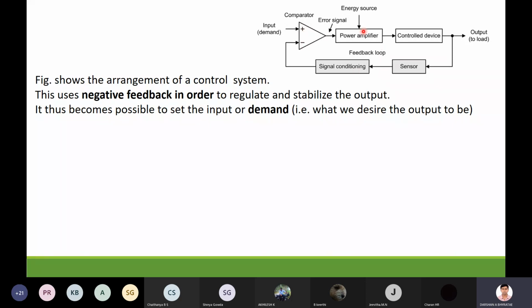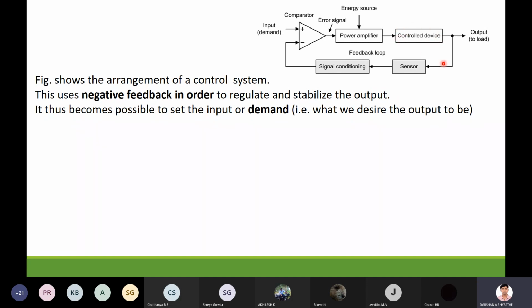The amplifier is used to increase the amplitude of my signal. The control device, the actuator, is your DC motor or your heater. All these we call the controlled device here.